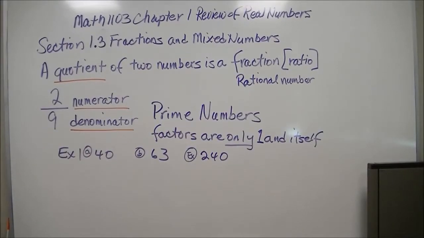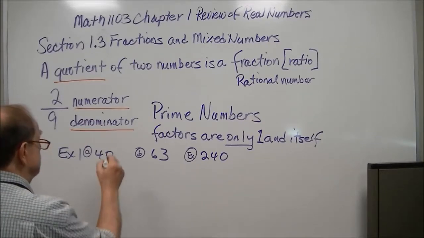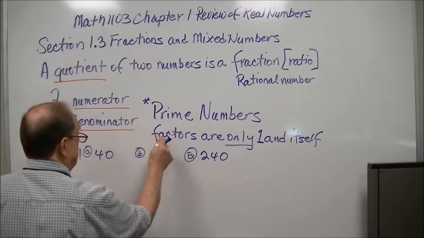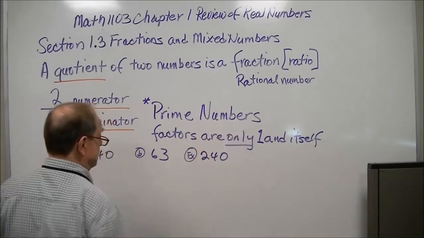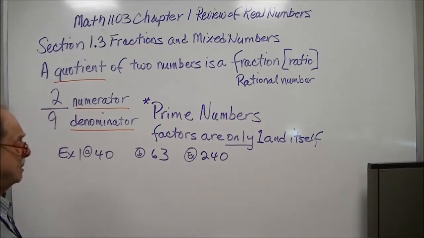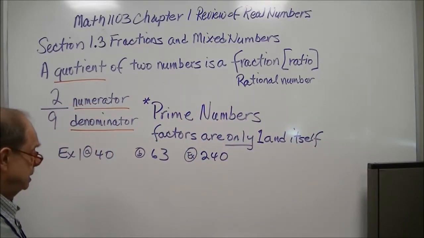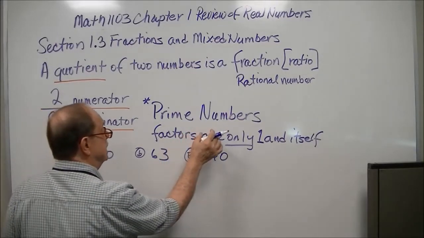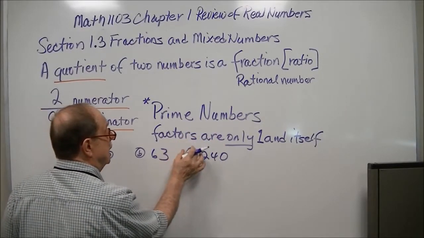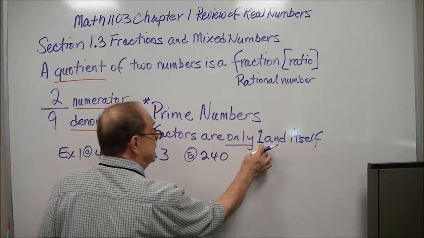Okay, going on now to another key term, prime numbers. Well, what is a prime number? By definition, a prime number is a number whose factors are only 1 and itself.